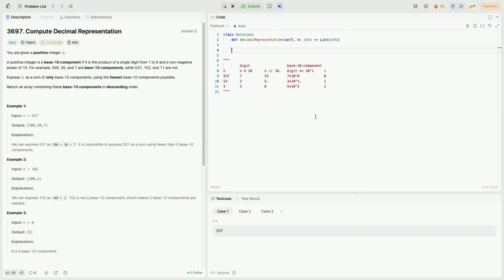Right, so that's what we're going to do now. So digits, maybe result. And in terms of runtime complexity, so just iterate over all of the digits in n. So that would be O of log n, right?